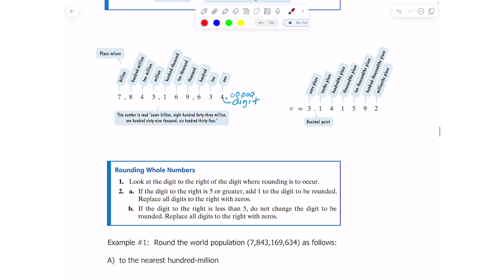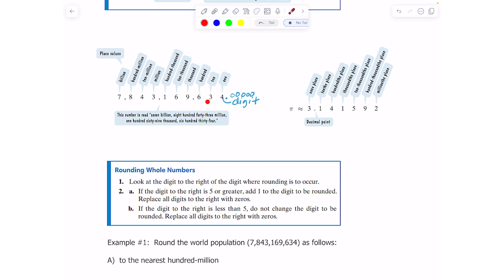So when I want to round those numbers, because as you can see, you have some pretty large numbers or long numbers, sometimes it doesn't make sense to write out every single digit. We just want an approximation, so we round it. So when you're rounding whole numbers, you look at the digit to the right of the digit where the rounding is to occur. Okay, so let's say I was rounding the number 634 to the tens place.